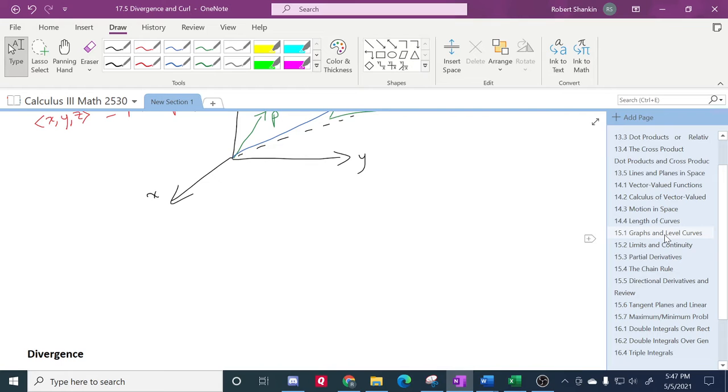Sometimes you're on that surface, and you're wondering, in which direction do I travel in order to increase my height the fastest? Then you project down onto the XY plane, onto the floor, and the gradient is a vector in the domain that points in the direction of fastest increase. And it'll always be perpendicular to the level curve through that individual point.